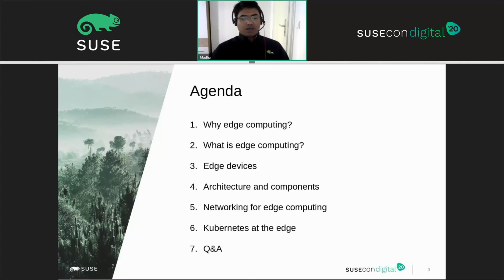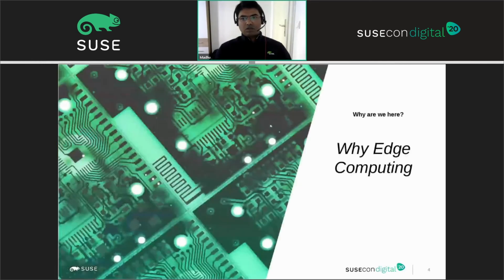We will look at typical edge devices, and then we go through the general architecture and components of edge computing, a brief look at the networking requirements. Then we learn a little bit more about the additional services, and finally we'll go through Kubernetes as an example of an implementation of an edge computing ecosystem. So with that, let's begin.